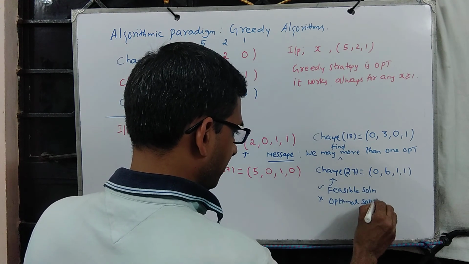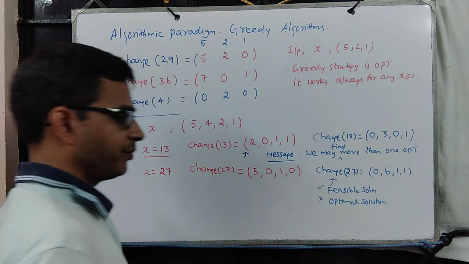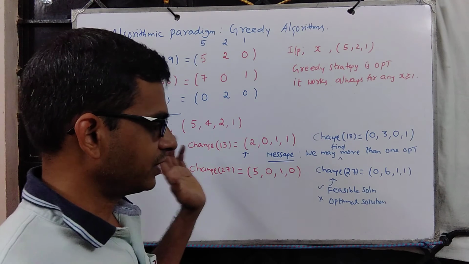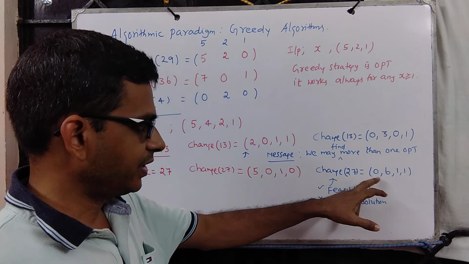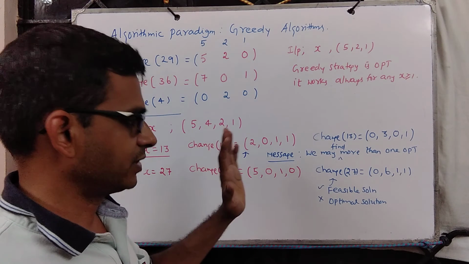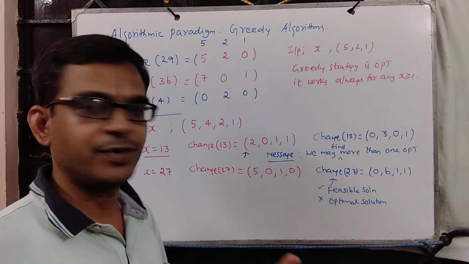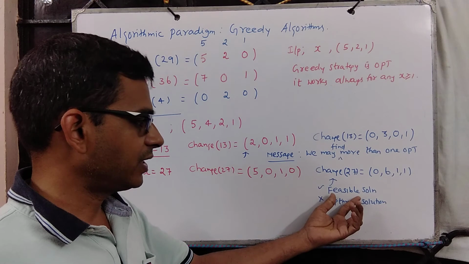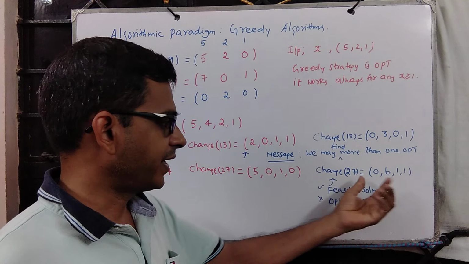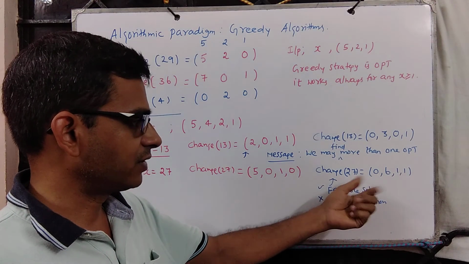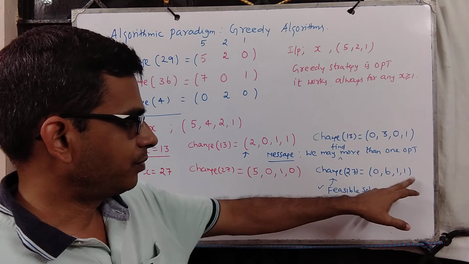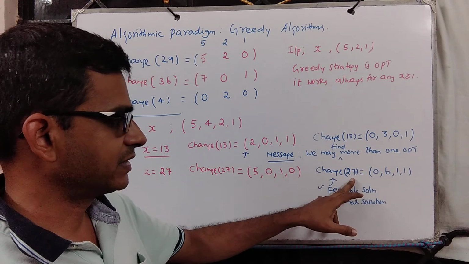By optimal, I mean it should take the minimum number of coins. Feasible means it satisfies the given requirement, meaning give a change for x using these denominations. When you don't focus on minimum or maximum, that solution is called a feasible solution. Here is a change for x where the value of x is 27: 6 into 4, 24, plus 2 plus 1, so you get 27.